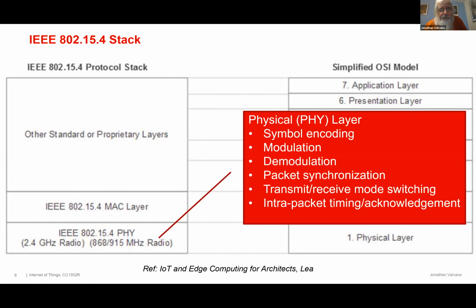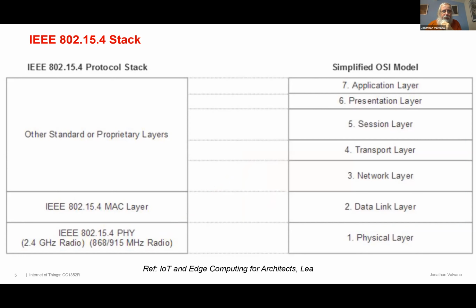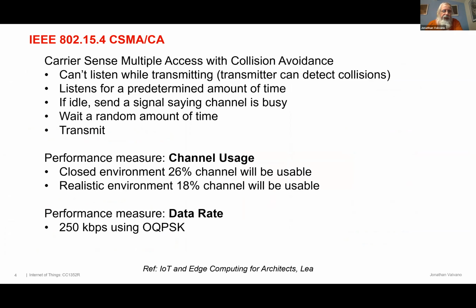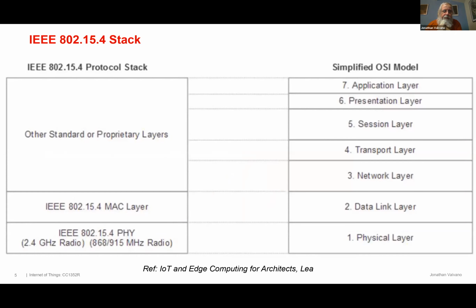So what happens at the physical layer? We encode the symbols. If you remember back to the Shannon channel capacity discussion, there was a symbol rate. Every so much time we encode a symbol. We modulate that using the OQPSK, that's a phase shift keying right there.